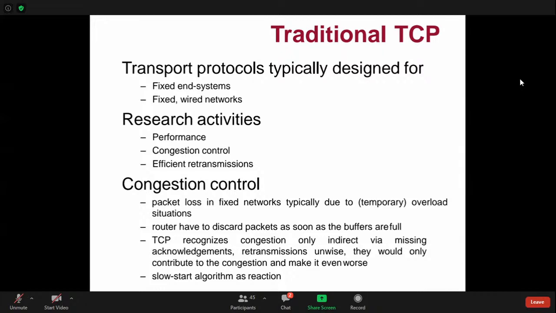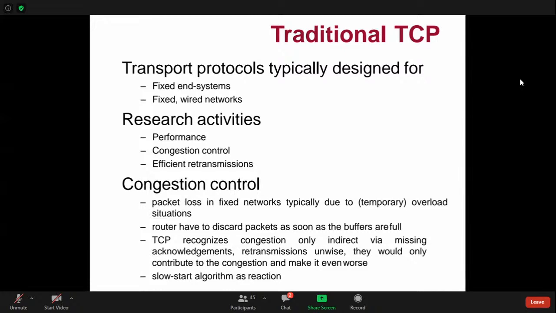That means I can send only a particular set of data at a time. I need to put that restriction, and that restriction is added to the congestion window.